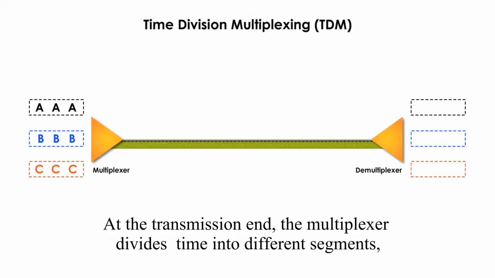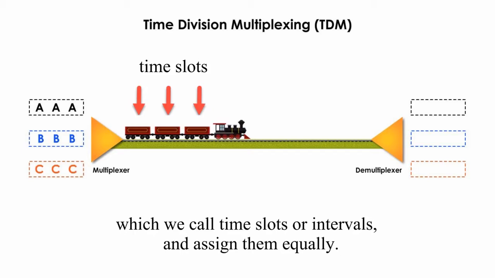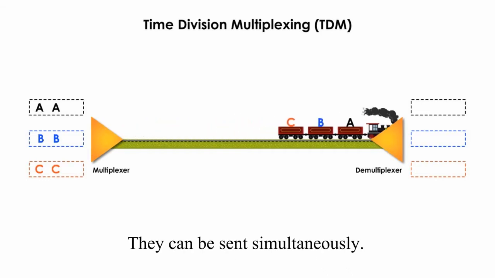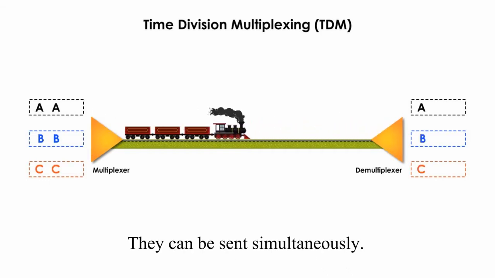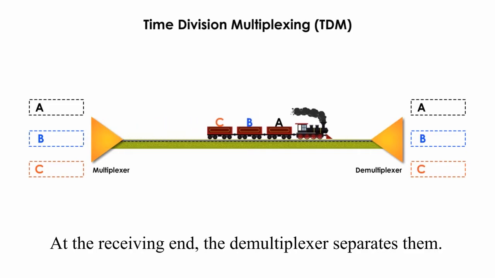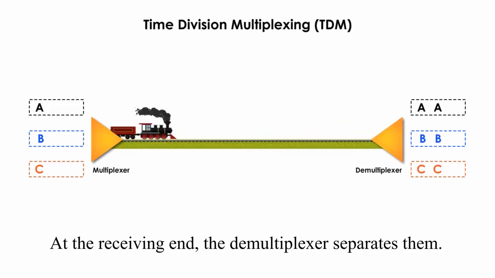At the transmission end, the multiplexer divides time into different segments, which we call time slots or intervals, and assigns them equally. They can be sent simultaneously. At the receiving end, the demultiplexer separates them.